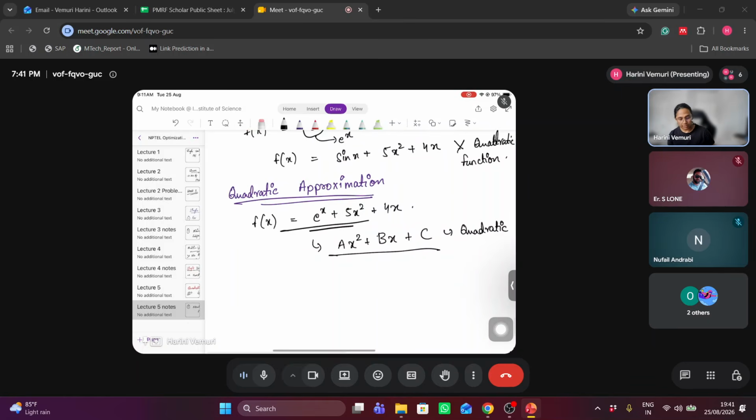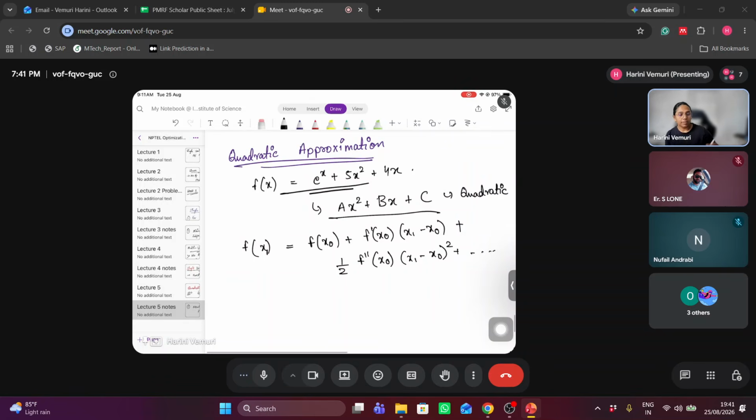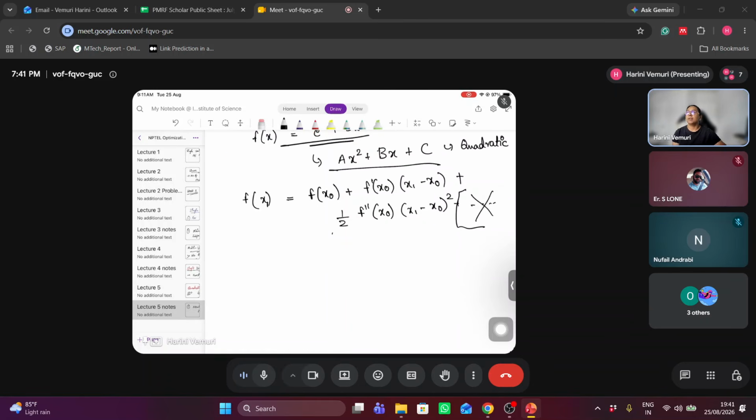And how we will do it is, we have the Taylor series expansion: f of x naught plus f dash of x naught into x1 minus x naught plus 1 by 2 f double dash of x naught into x1 minus x naught whole square. We can extend this to higher order differentiation, but for now we are restricting to only second order differentiation.